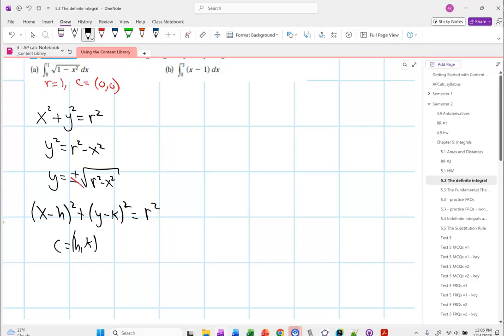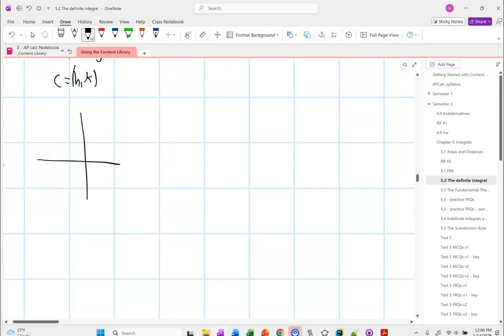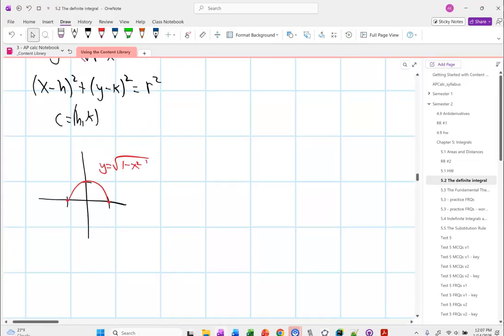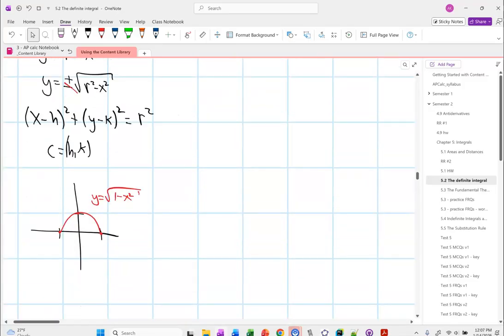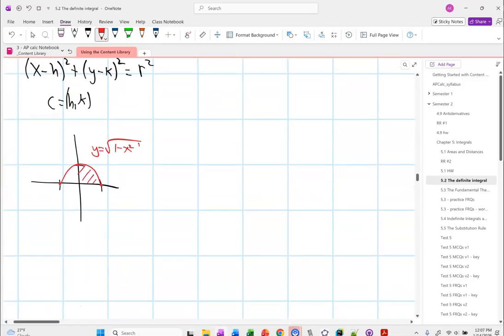So if I think about this graph then, that's the graph of that guy, right? So far, so good. Now remember that an integral is the same as the area under the curve. So our area is starting at 0 and going to 1. So we want just this little section, right?